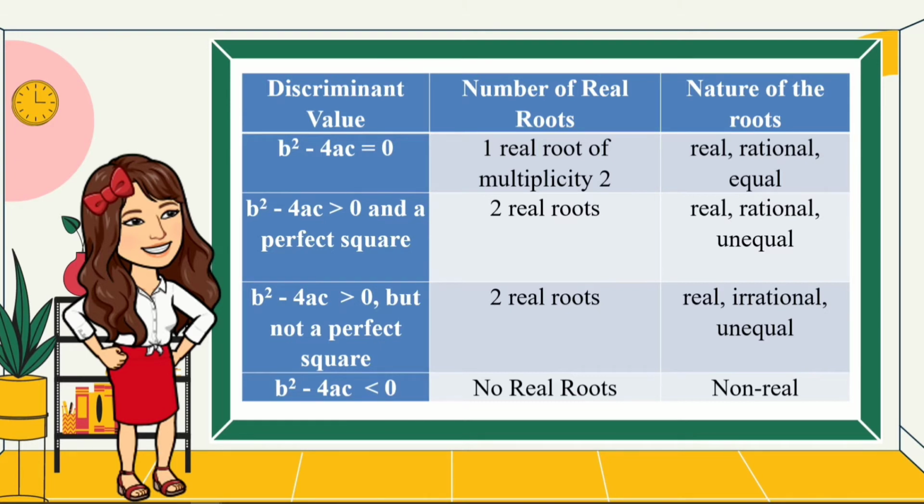And if the discriminant value is still greater than 0 but not a perfect square, there are two real roots, and the nature of the roots will be real, irrational, and unequal. And lastly, if the discriminant value is less than 0, there will be no real roots, and the nature of the roots will be non-real.